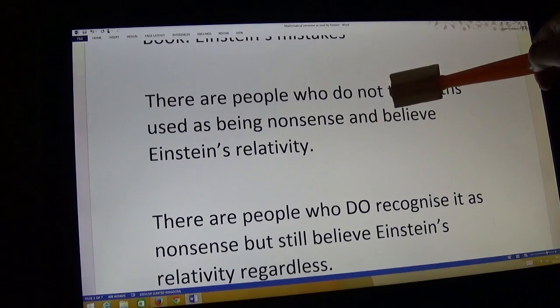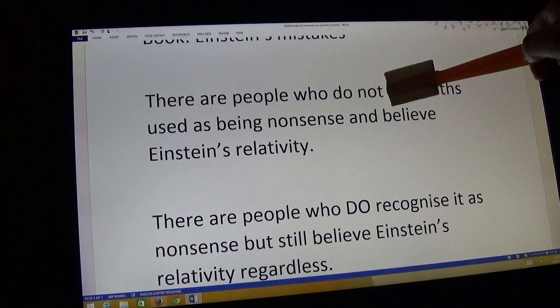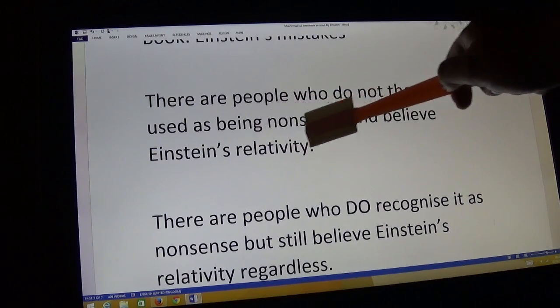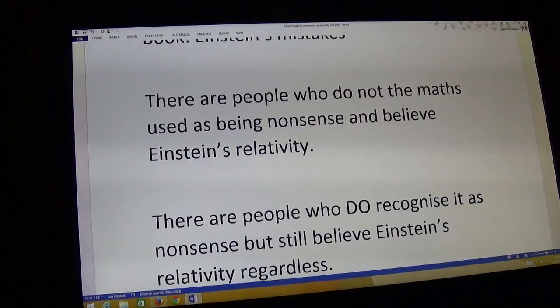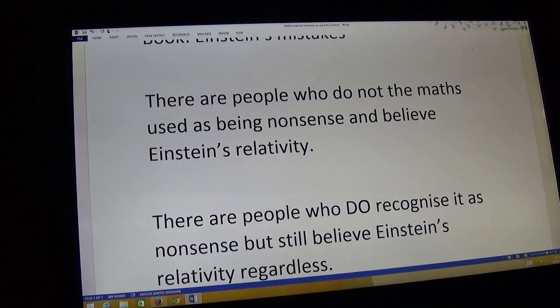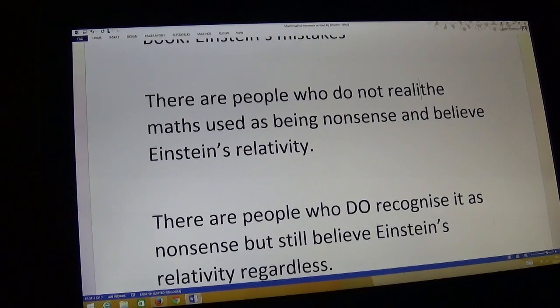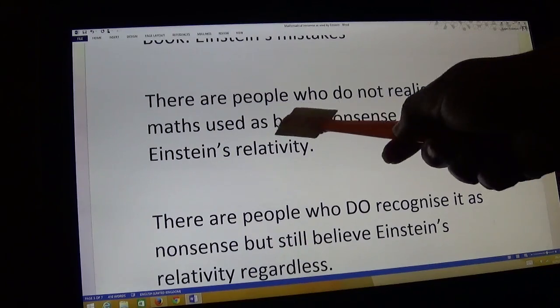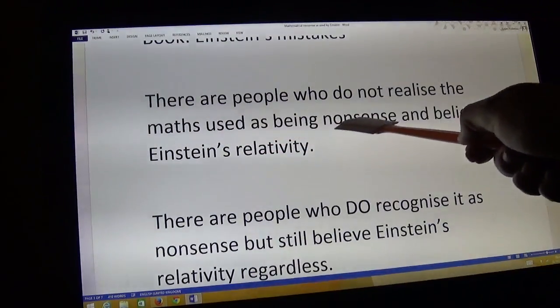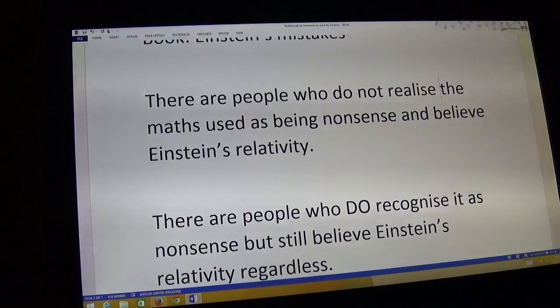Right. There are people who do not realise the maths used is nonsense and believe Einstein's relativity.